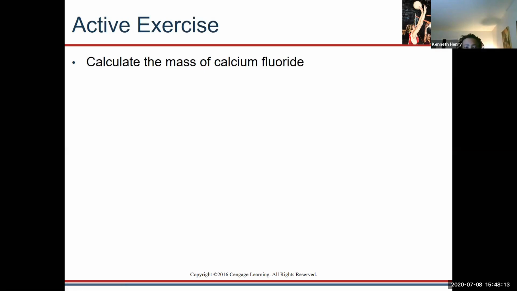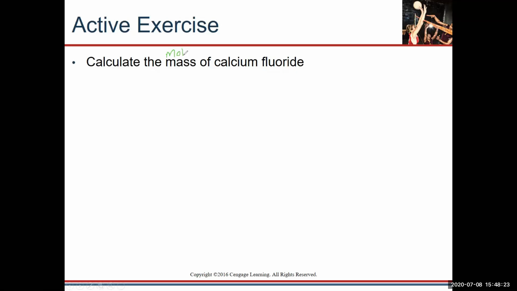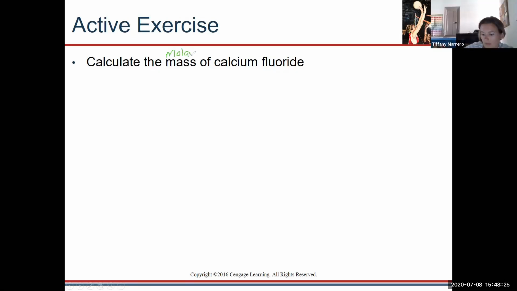Okay, so let's start this out. Calculate the mass, and actually it should be the molar mass. This is a typo. I've got to remember to hit save next time. The molar mass of calcium fluoride. What is the first thing that I'm going to do? Identify calcium fluoride.